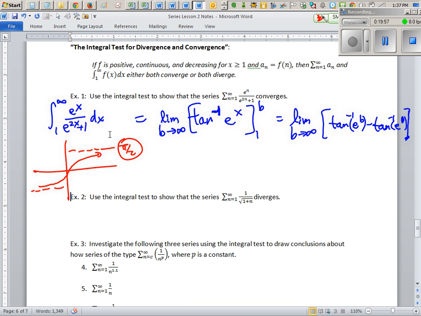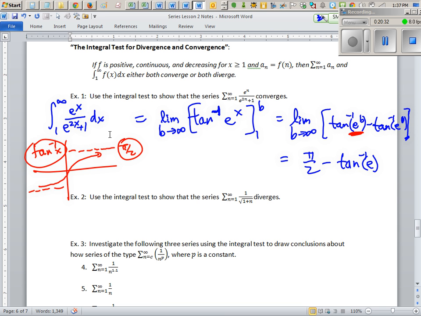So if e to the b is growing really big, this graph is climbing towards pi over 2. So this is actually pi over 2 minus, and then the limit as b goes to infinity cannot affect that second term at all, because there's no b in it. So this is our answer, pi over 2 minus inverse tan of e.